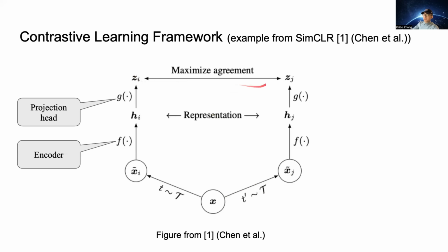So the contrastive loss is trying to maximize the agreement, or the similarity, between the two. The similarity measure could be something really simple: if z_i and z_j are normalized into unit vectors, then we could adopt something like the dot product to directly compute the similarity.